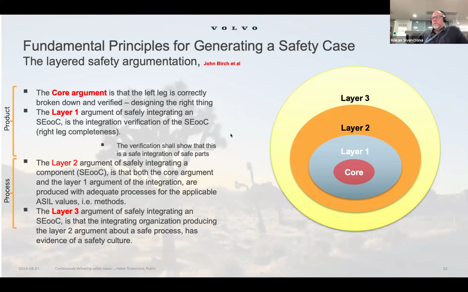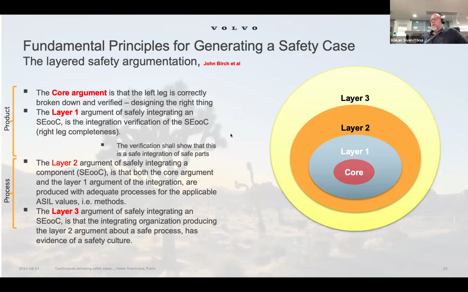Layer 1 is really that we have integrated it, we have fulfilled the integration, and we think that now it works, right? So these are the product argumentation. We know that the product is really fulfilling the intentions. But it's not really true, right? That's why we have layer 2 and layer 3.